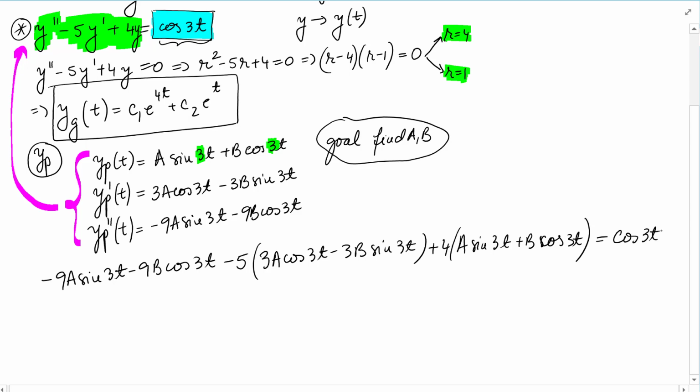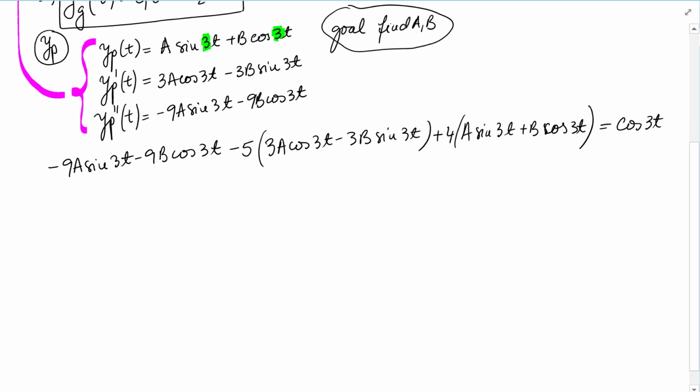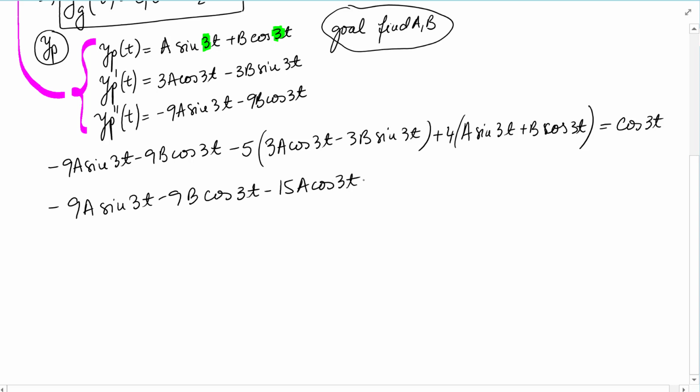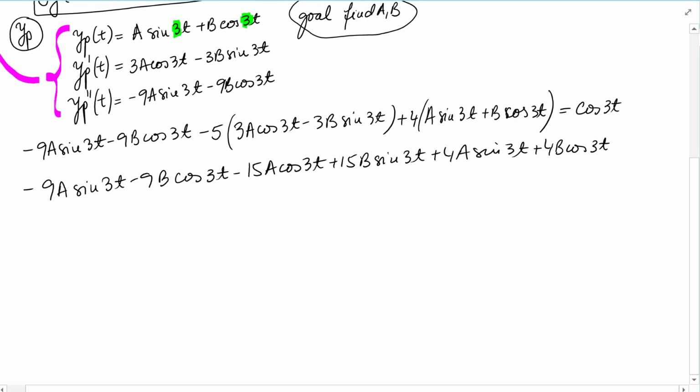What I'm going to do now is open the parentheses and get trigonometric functions together. So negative 9A sine of 3t minus 9B cosine of 3t minus 15A cosine of 3t plus 15B sine of 3t plus 4A sine of 3t plus 4B cosine of 3t, equals cosine of 3t.